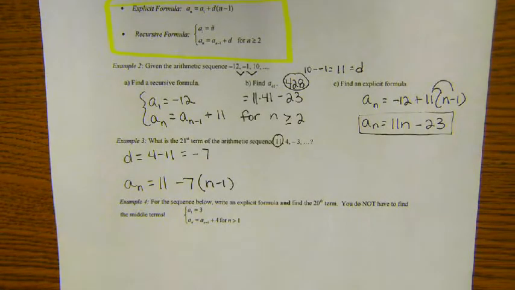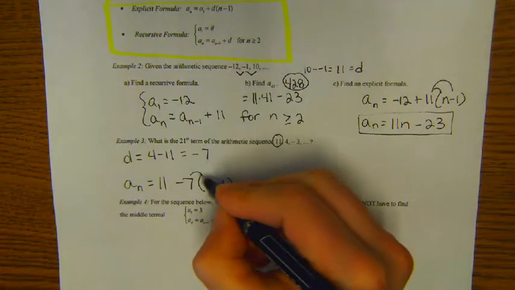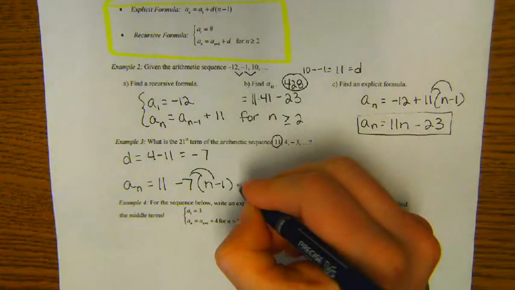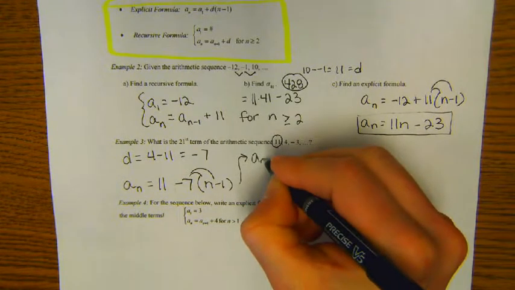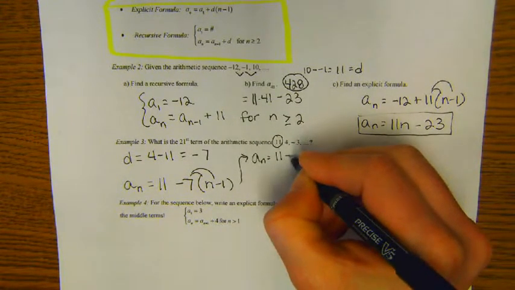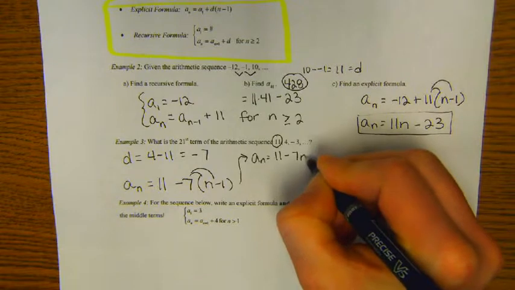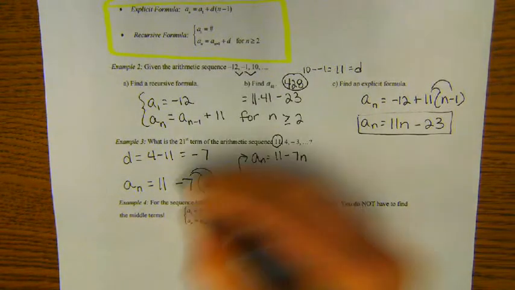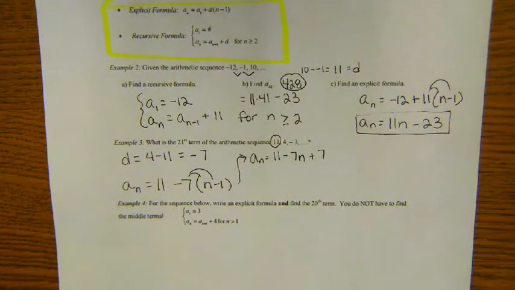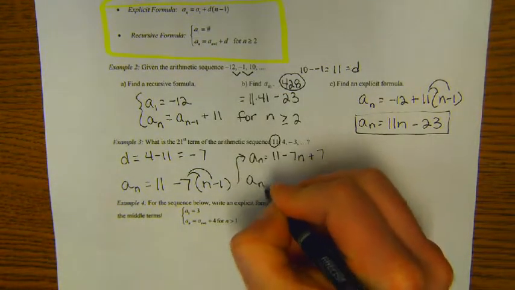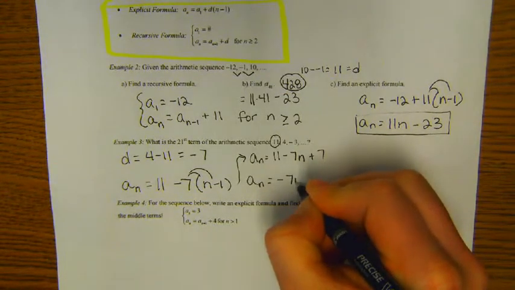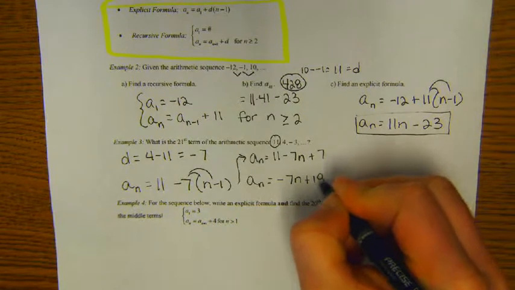Let's simplify that. If I were to distribute this, I have 11, don't forget this is a negative 7, negative 7n minus 7n plus 7. 11 plus 7 is 18. So we have negative 7n plus 18.